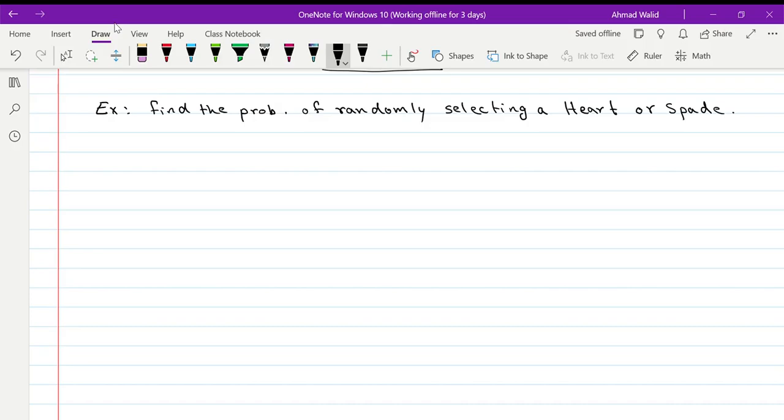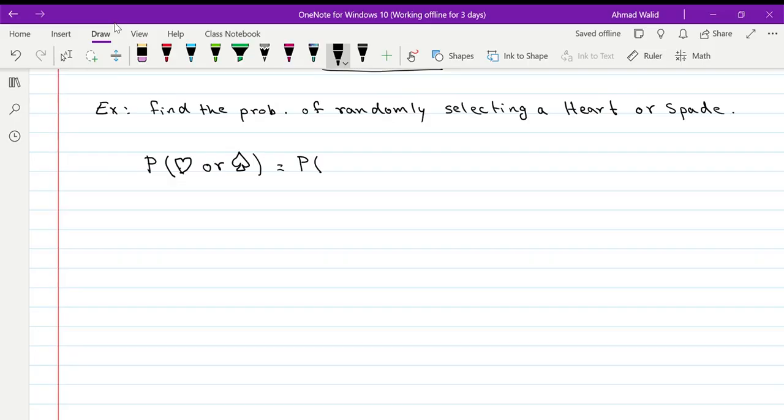Immediately write down your formula. Translate your formula. Probability of a heart or what? A spade. I'll try to draw a nice spade here, but I cannot draw. I'm not good at drawing. Correct? Probability of a heart or a spade. Then, how to translate this?